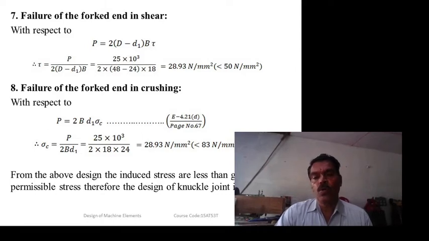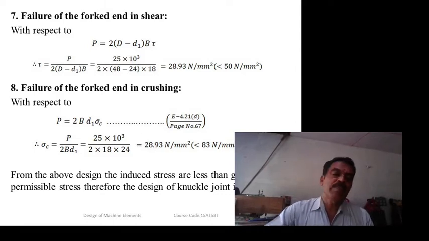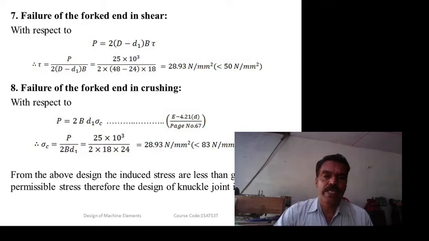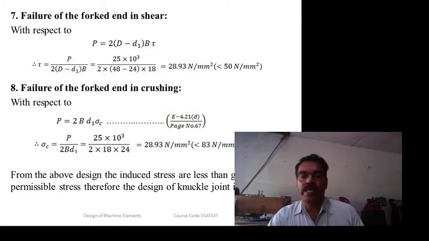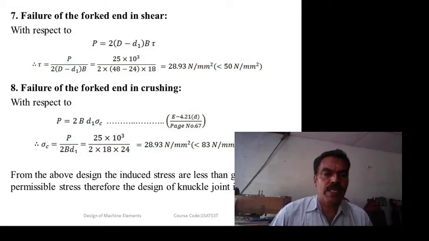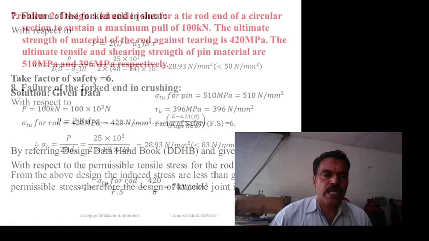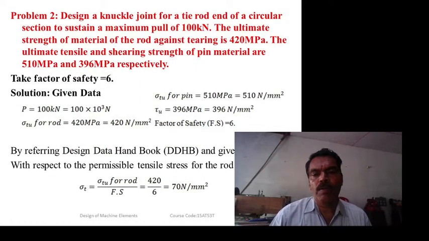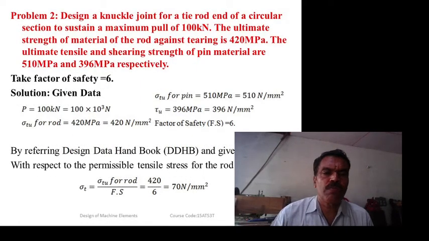Just increase the d values, and you can calculate and design the knuckle joint once again. This is the procedure, as well as the solution of the first problem.